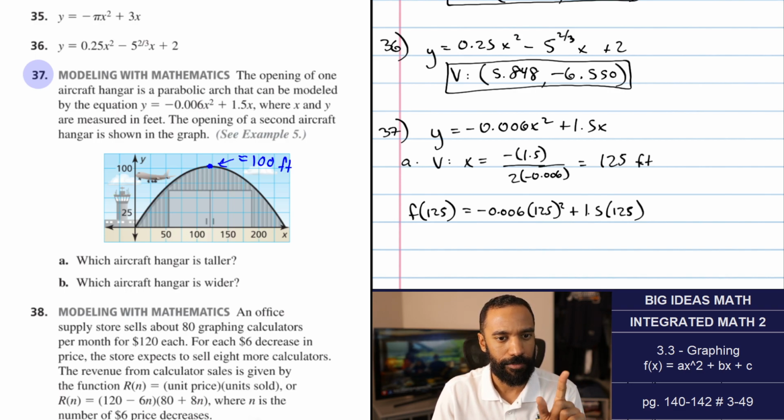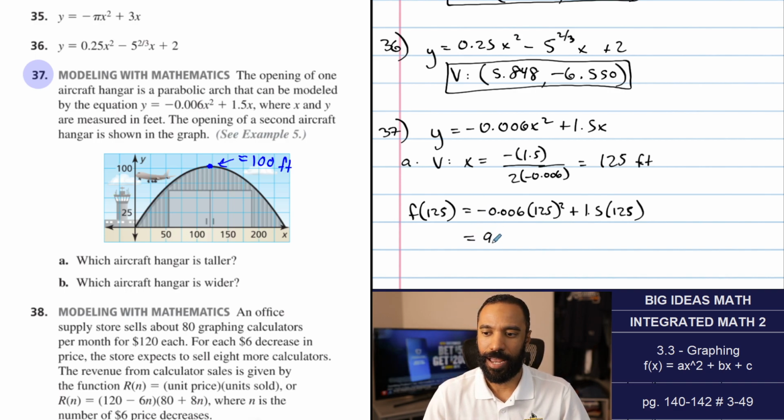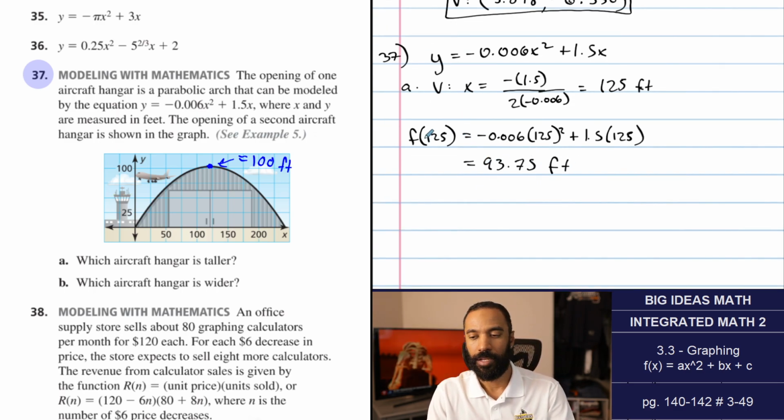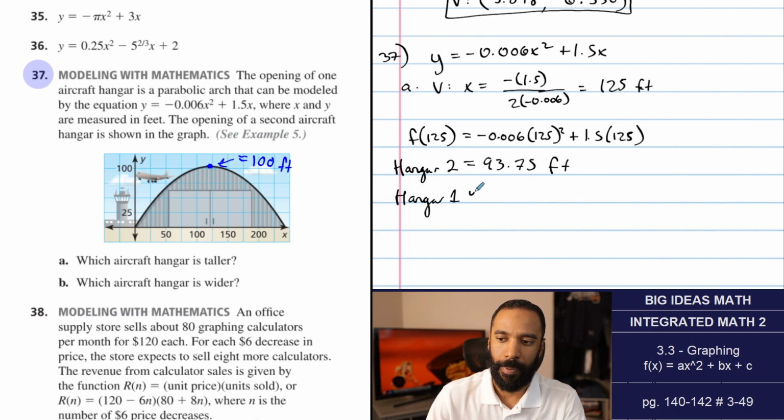Okay, I'm getting 93.75. And that's exact. 93.75 feet. So the other one, this is like hangar 2, right? Hangar 1 is about 100 feet. So hangar 1 is taller.